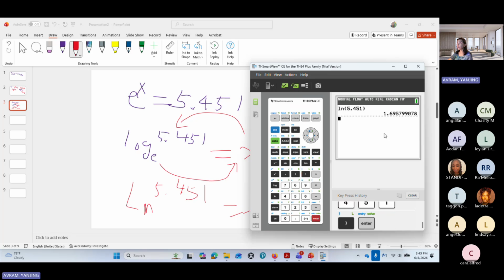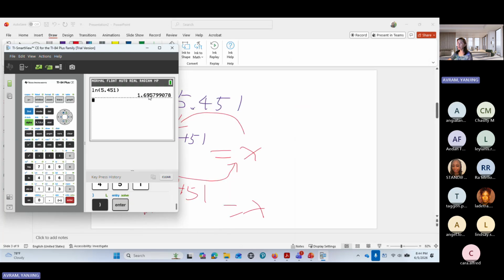Okay, and then round to 4 decimal places. So now you just convert to 4 decimal places: 1, 2, 3, 4, right? So 1.6958. The reason the last digit is 8 is because the next digit is 9, so you need to round up. You need to keep 4 decimal places, so 1.6957, and then look at the next digit. If the next digit is 5 or above, you round up.